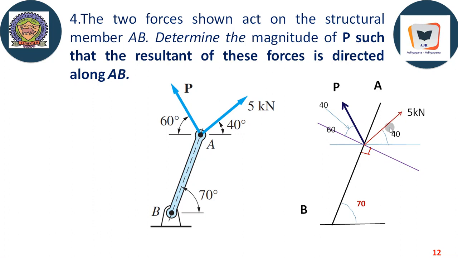This force is inclined with respect to the line AB at 30 degree, because here till here it is 70, and 70 minus 40 is 30. And this is 20, because here till here it is 70, 70 minus 30 is 40, and this is 20.